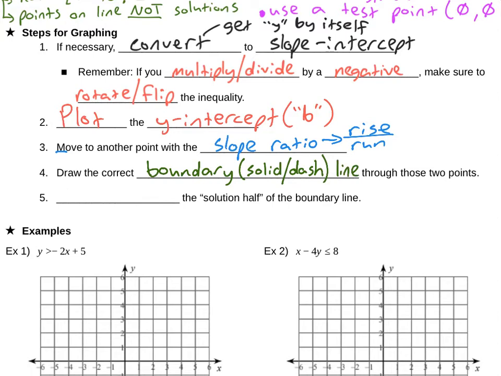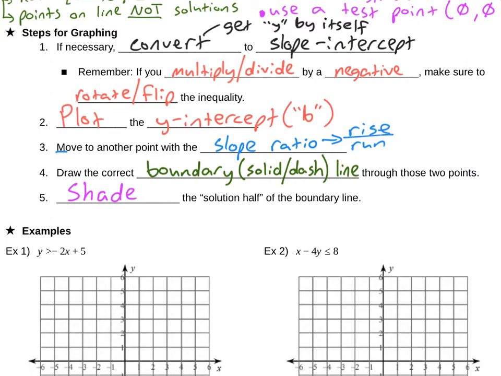And we're going to put those through those 2 points. The last thing we do, using our inequality in slope-intercept form, we're going to do shade. We're going to look at the inequality to determine what half of the graph to shade, either above or below the boundary. You can also use the test point too.